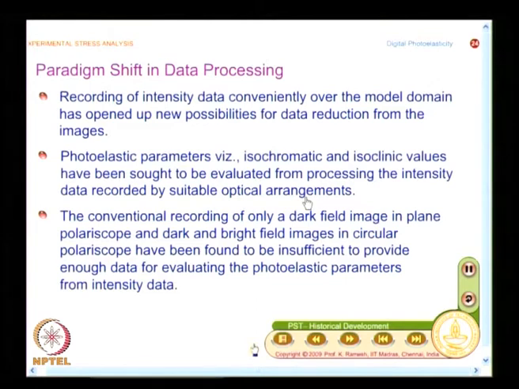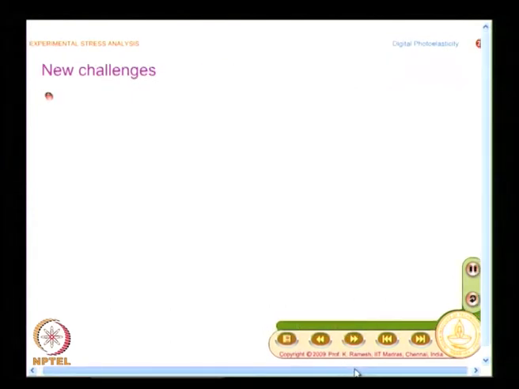The conventional recording of only a dark field in a plane polariscope and dark and bright field images in a circular polariscope have been found to be insufficient to provide enough data for evaluating the photoelastic parameters from intensity. So, people have to look at how to generate additional intensity data, and this posed new challenges.